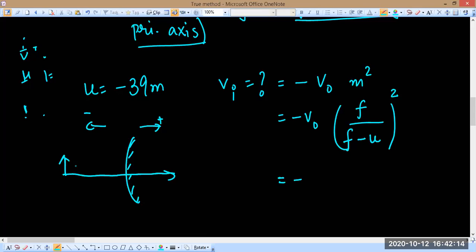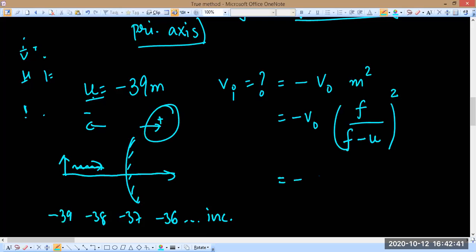As this jogger runs towards the right hand side, value of u will increase. પહેલા -39 હોય તો -38 થાય, -37 થાય, -36 થાય. It is increasing. So that's why, or you could say that this jogger is moving towards the right side and right side is considered positive.